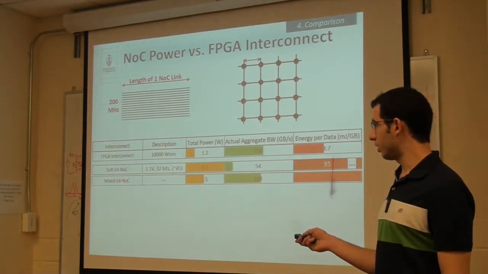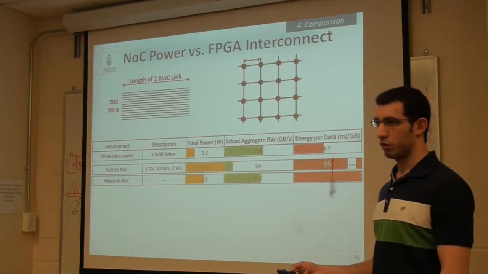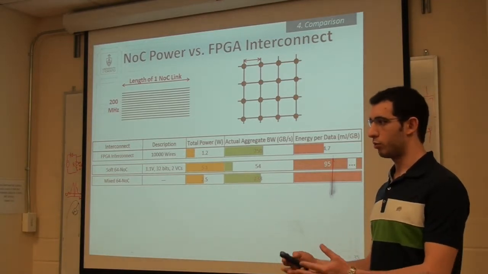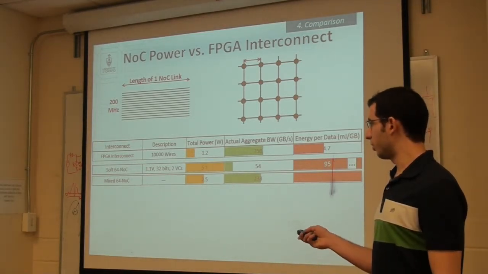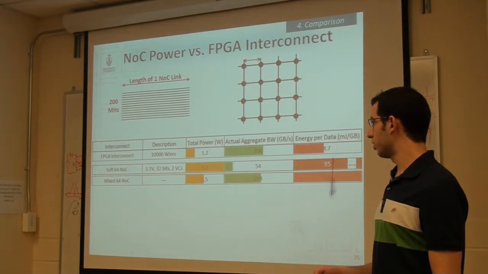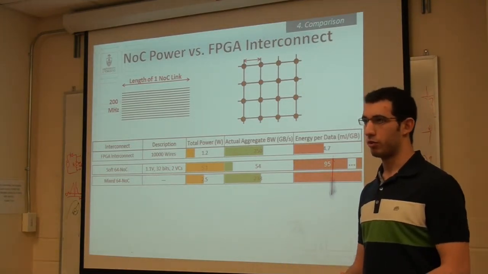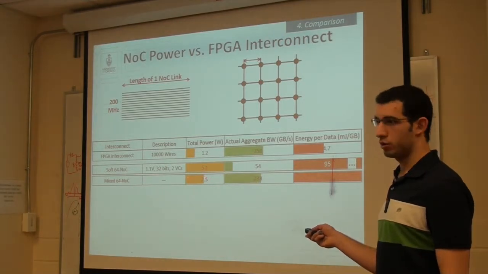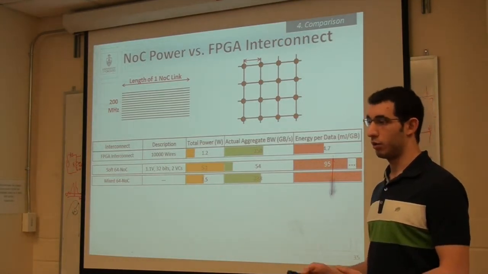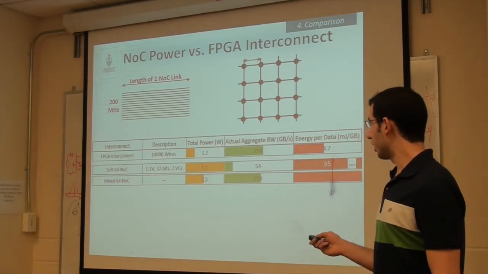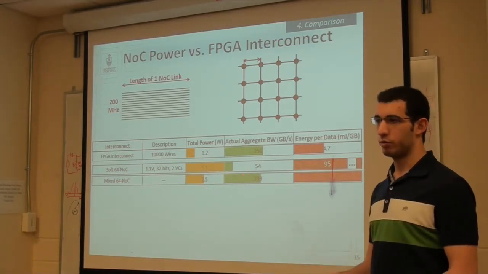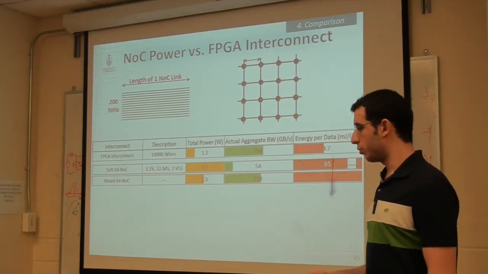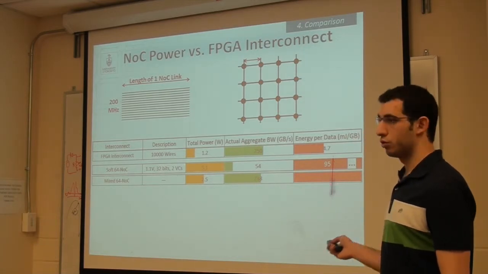So a mixed NOC that has these same parameters: it runs at the FPGA's nominal voltage, 1.1 volt. It has width of 32 bits, 2 virtual channels, and 5 buffer depth in each router. It consumes total power of 2.5 watts, so that's half of what the soft NOC consumes. And the aggregate bandwidth is now almost 5 times higher. So the energy per data is 10.4 millijoules per gigabyte.